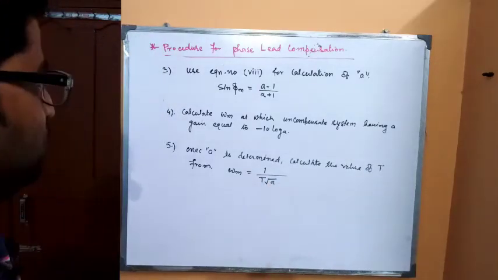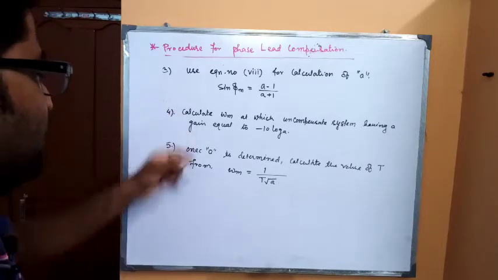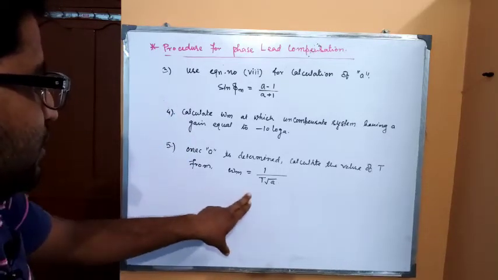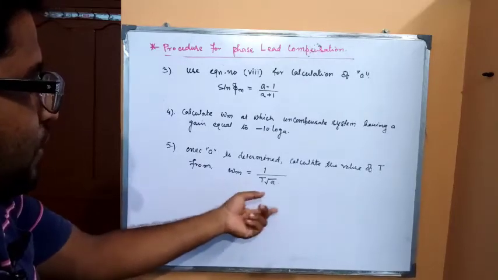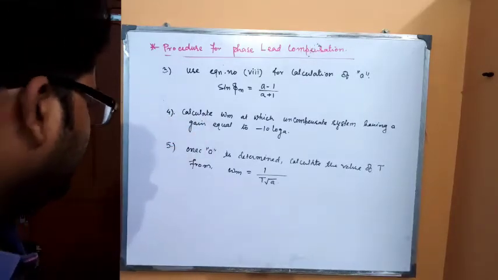From step 4 we have calculated the value of omega m, and in step 5 we are calculating the value of t. These two values, omega m and a, we have calculated in the previous steps.